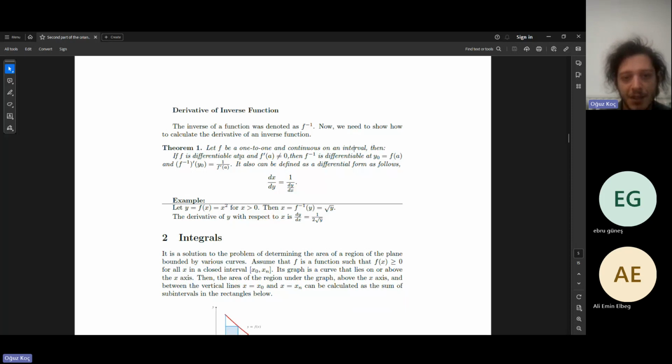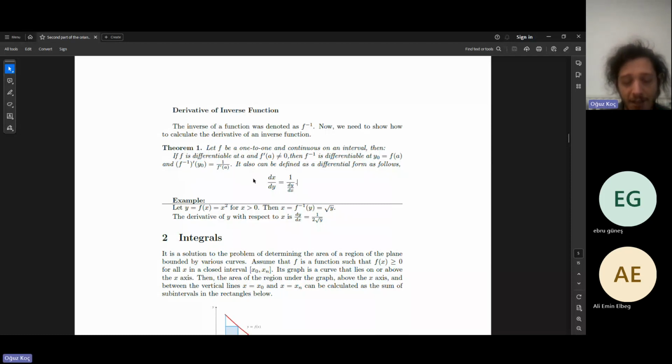Then if f is differentiable at point A, and the derivative at A is not equal to 0, then the inverse of f is differentiable at y0, and it is equal to the ratio of 1 over the derivative of the function at point A. It can also be written using differentials: we write dx over dy, and it becomes 1 over dy over dx.